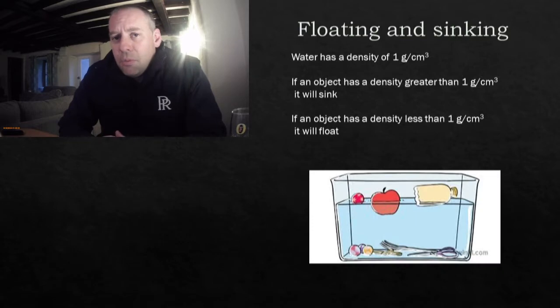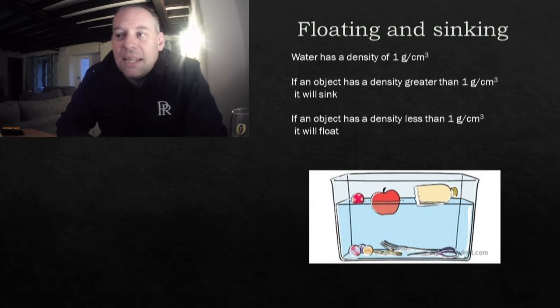Part of the video also showed you that water has a density of 1 gram per centimetre cubed. This is quite useful because we can then judge if objects are going to float or sink. And the rule of thumb is very easy. If it is greater than 1 gram per centimetre cubed, then it's going to sink.